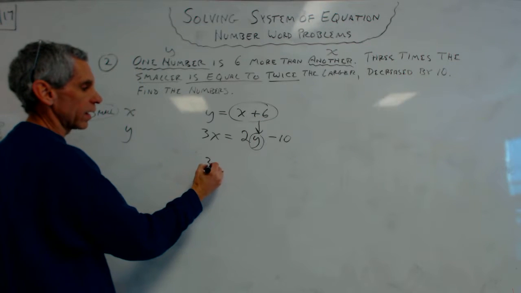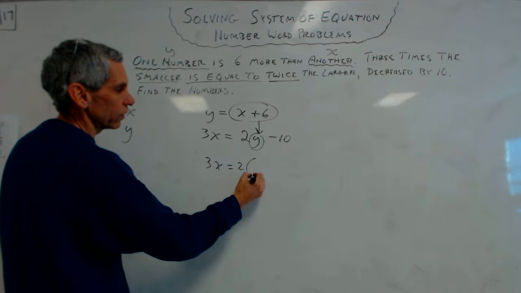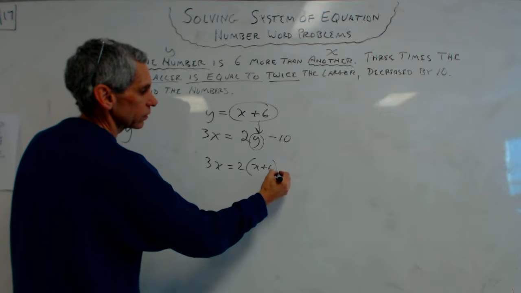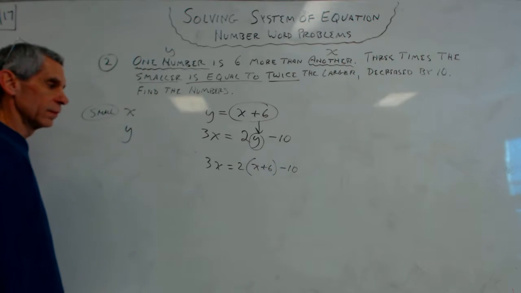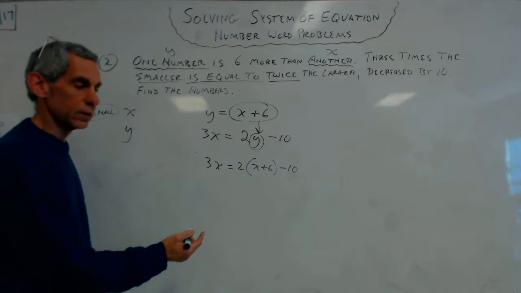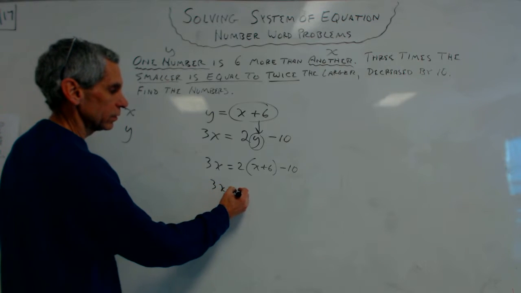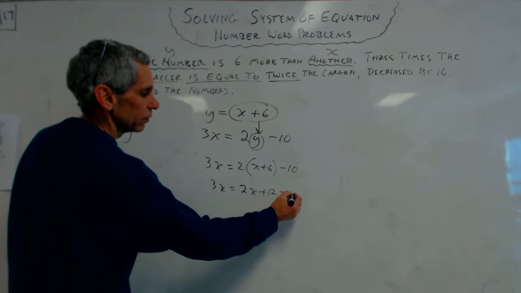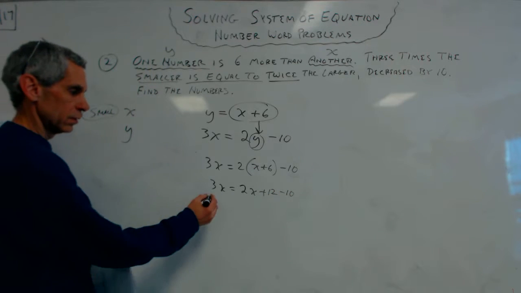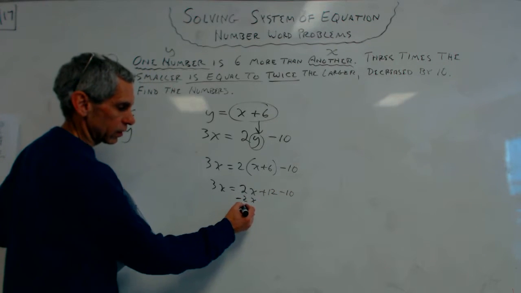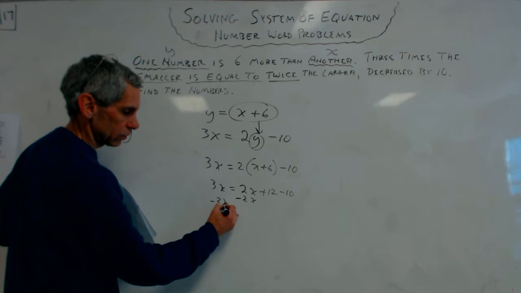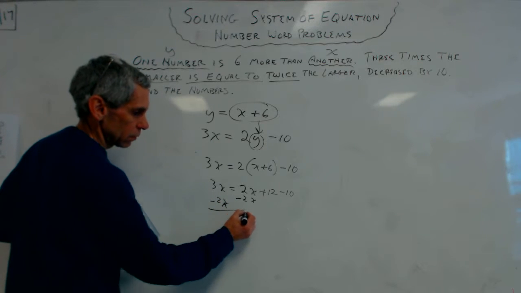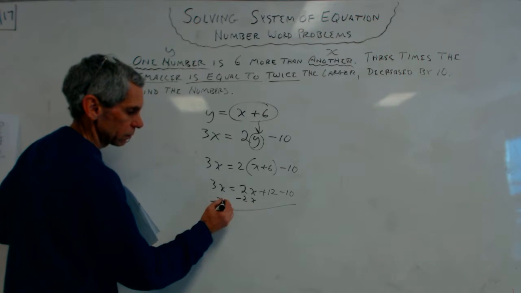So I've got 3x is equal to 2 parentheses, x plus 6, minus 10. Now I got to get rid of my parentheses. So I have 3x is equal to 2x plus 12 minus 10. So subtract my 2x, subtract my 2x. That's an x.